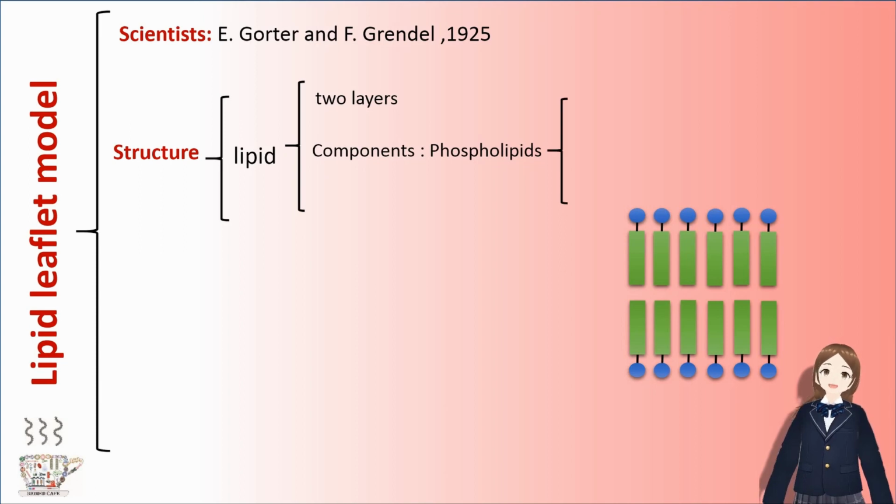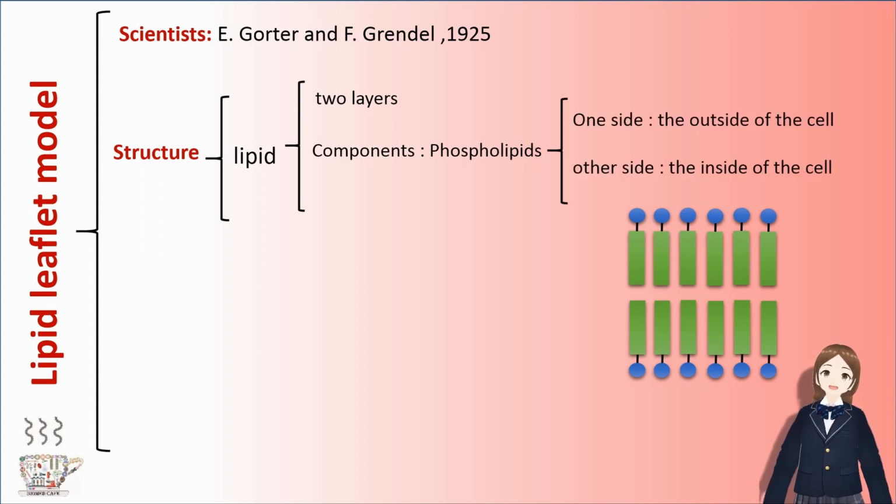One side of phospholipids stays on the outside of the cell, and the other side is inside of the cell. The reason for naming this model is the existence of 2 lipid layers in the cell membrane.